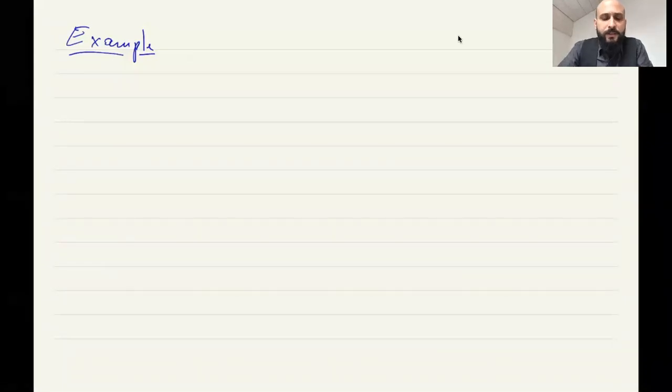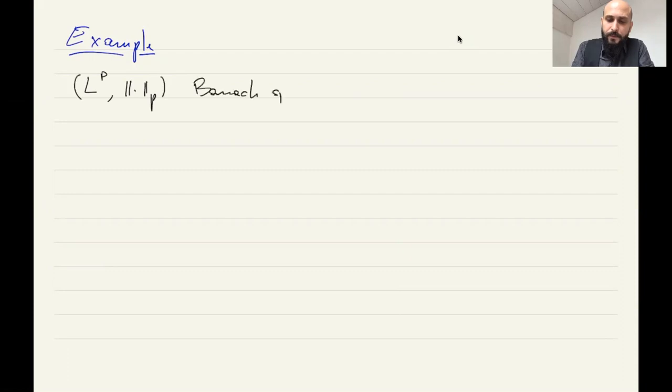I will briefly discuss an example that we will discuss more deeply later. The example is L^p with the p norm as a Banach space. For p equal to 2, this is a Hilbert space.